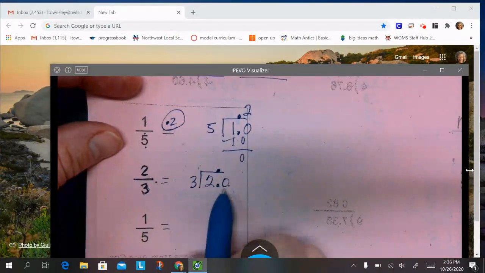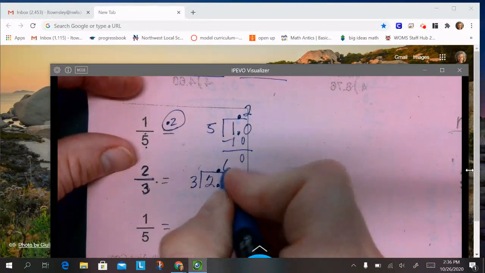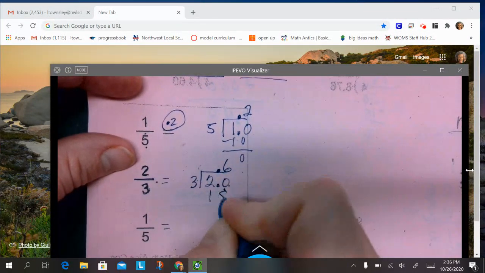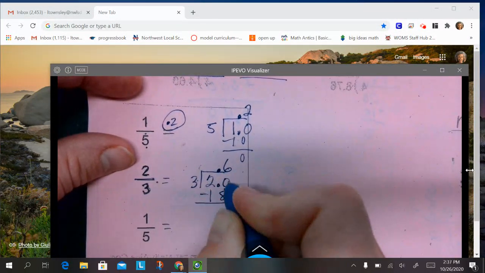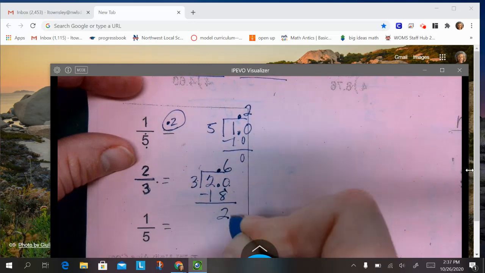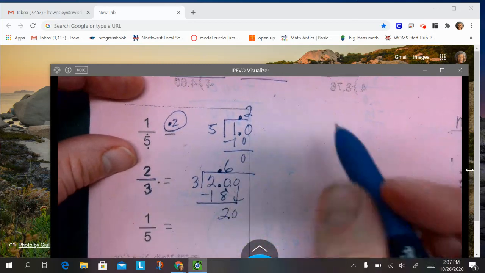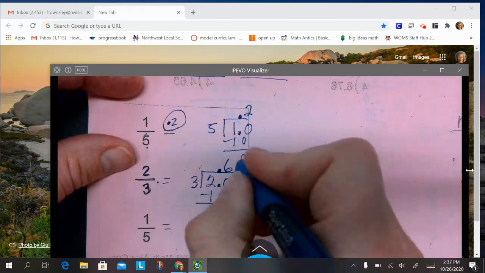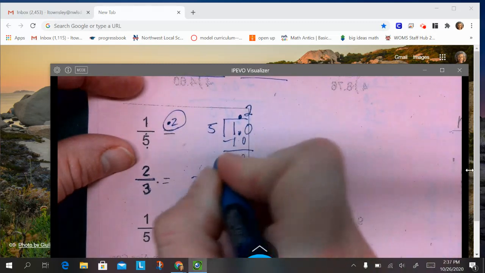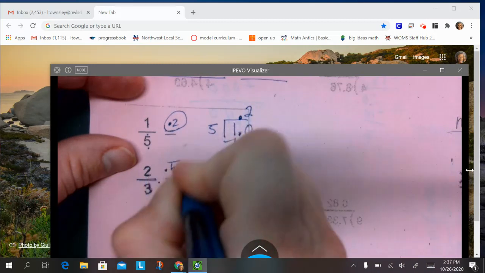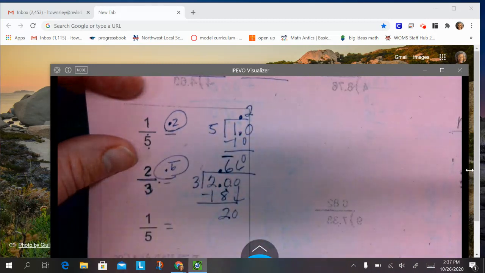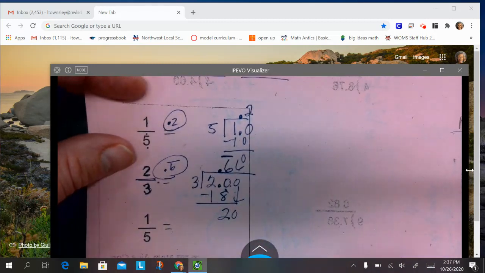How many times does 3 go into 20? 6. 6 times 3 is 18. Subtract. 20 minus 18 is 2, but you can't have a remainder. But what you can do is add another 0. How many times does 3 go into 20? Well, that's going to be 6 again. So we're going to end up with this 0.6 with a bar because it's going to keep repeating. Okay? All right, look at the next one.